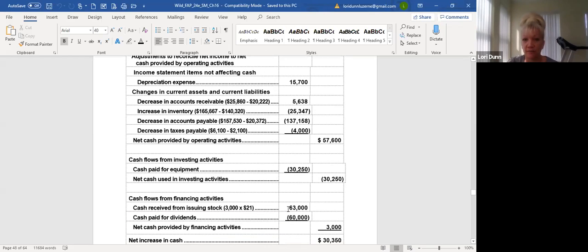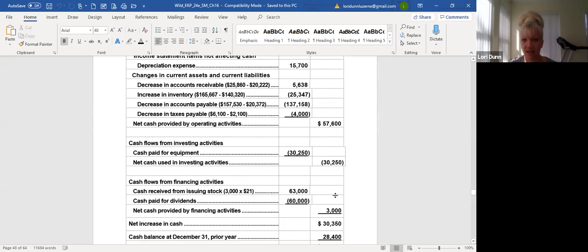Same with down here. We don't know if the company's purchasing more equipment with their cash or buying investments with their cash or making money off their investments. But this section tells us that, as well as the financing area. What's the company doing to finance? Oh, look, they were able to sell more stock. People want to buy their stock. That's what it tells a decision maker.